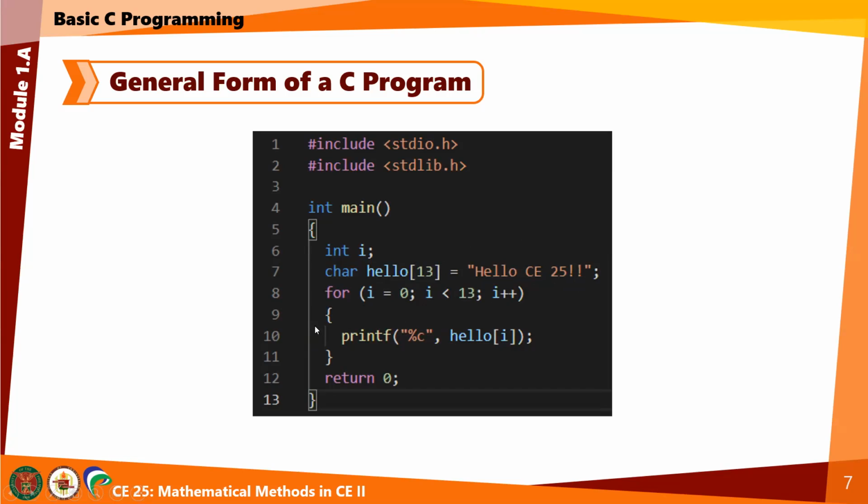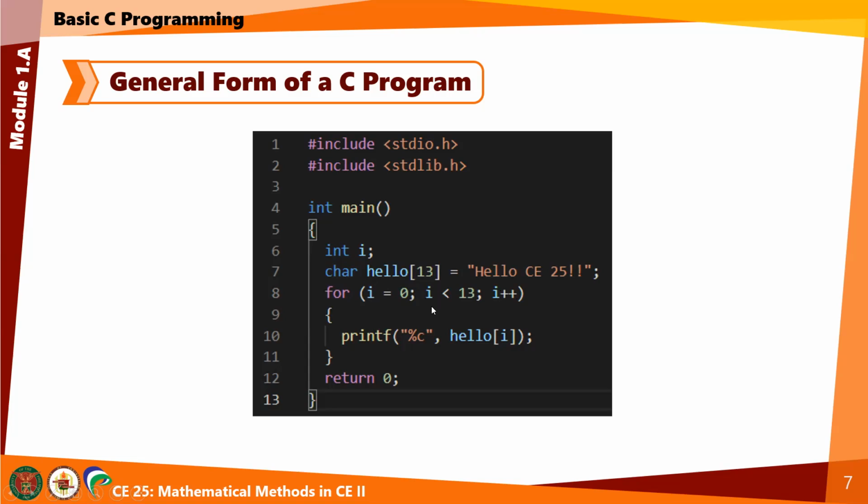Tapos dito, this is called a loop. Okay? We'll discuss more of this when we go to another module. But just for you to appreciate or just intuitively understand what's happening, sabi dito, for i equals 0, so nagsimula ako sa i equals 0, okay?